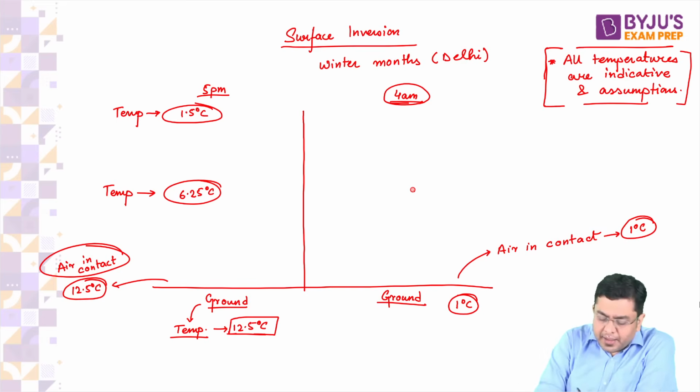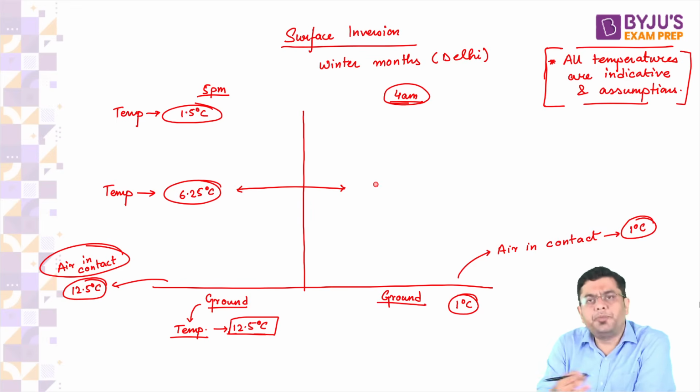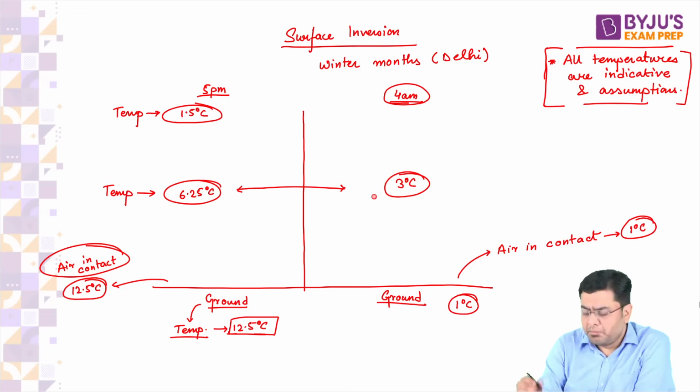As you move higher up, the temperature will reduce, but will not reduce at the same rate. Here, the temperature will reduce in comparison to the earlier proportion. Let's assume the temperature from 6.25 degrees Celsius has reduced to 3 degrees Celsius.